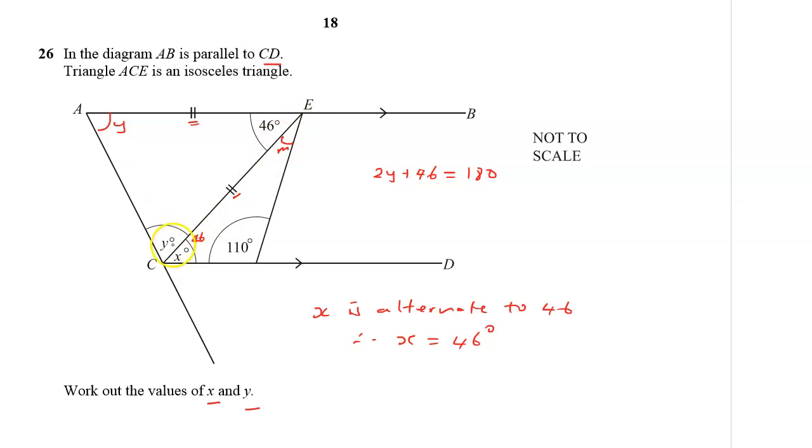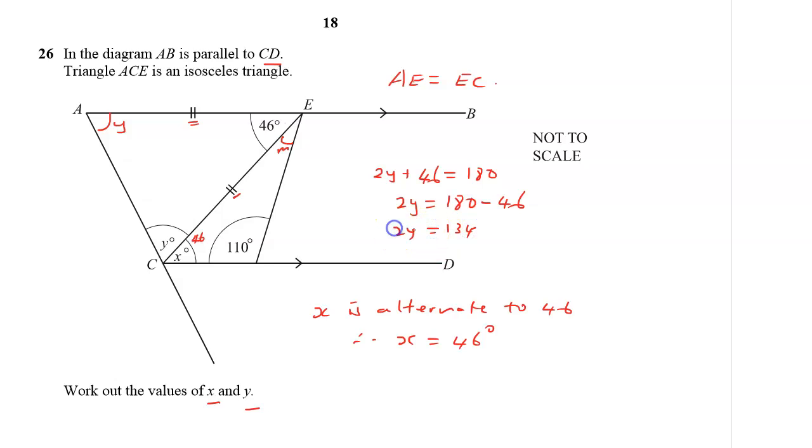Side AE is equal to side EC. That's why I know. So this is 46 here. Therefore 2y is equal to 180 take away 46, which will give us 134.